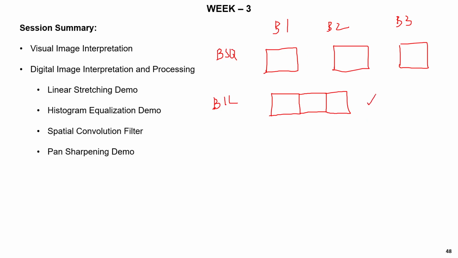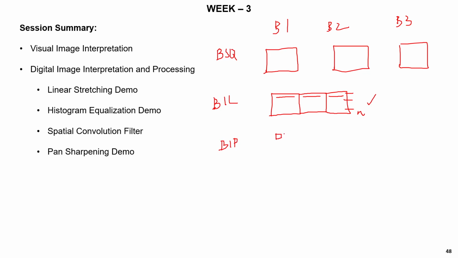BIL is one single file. This corresponds to band 1 data, this to band 2 data, and this to band 3 data. So here it will be line 1, line 2, line 3, and so on up to line n. Line by line, you will have different band data. This is BIL. Then band interleaved by pixel: here it is pixel-wise.